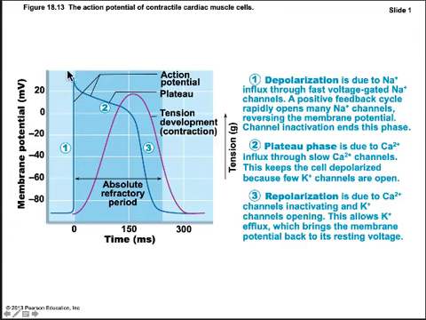That's this big vertical line that you see here. Then in the plateau phase, we see calcium influx, and this keeps the cell depolarized somewhat, while there is potassium leakage into the extracellular fluid.